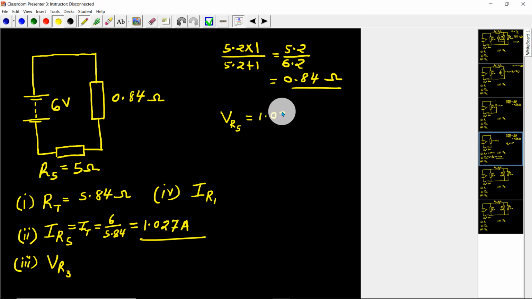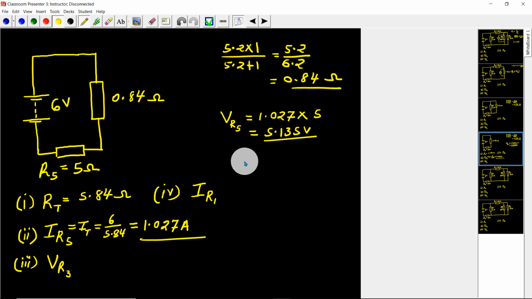So I get the current through R5 times the resistance itself, 5 ohms. So I get 5 times 1.027. I have 5.135 volts.